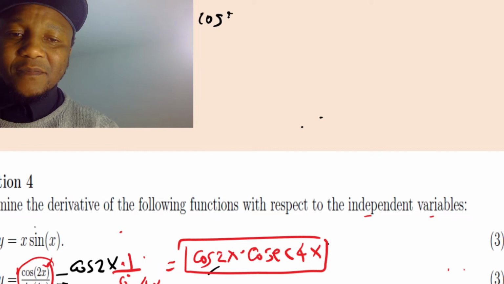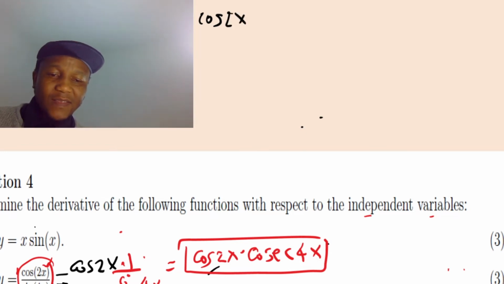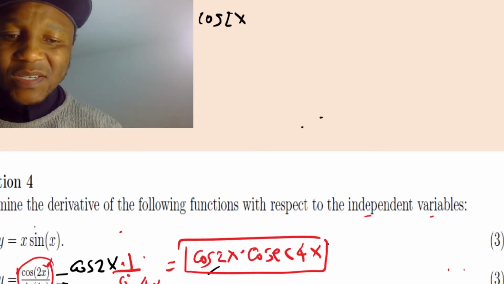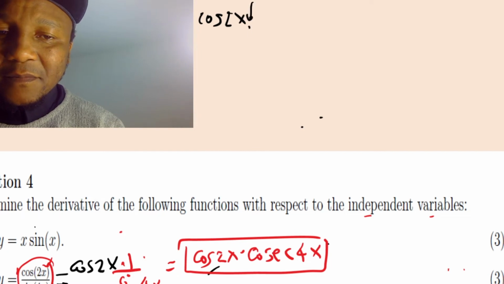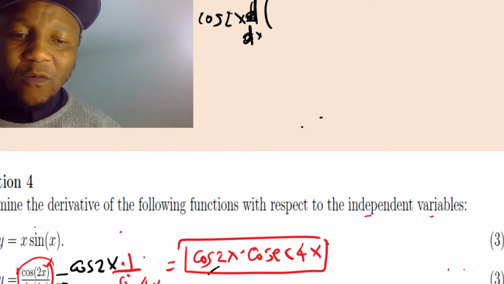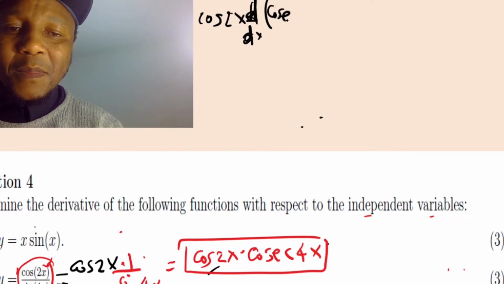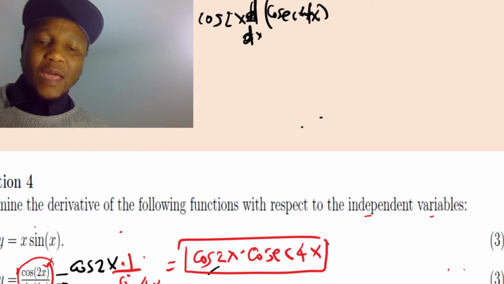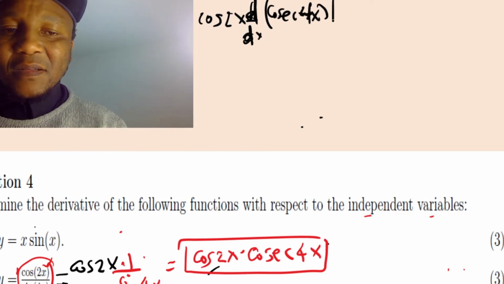So I can simply say cos of 2x, and then we differentiate d/dx of cosec 4x, and then plus.